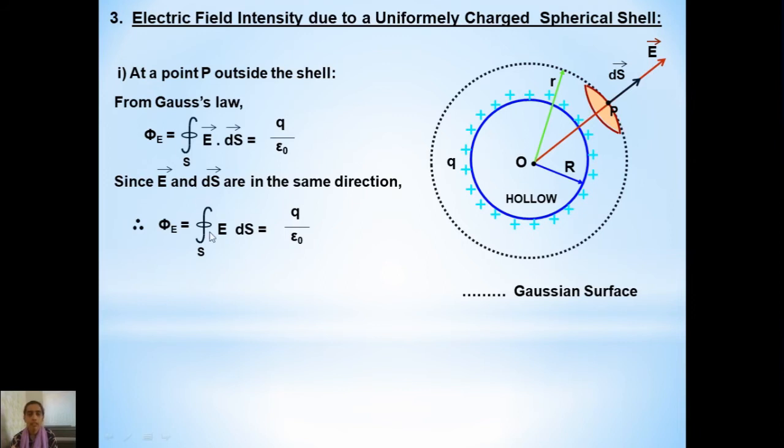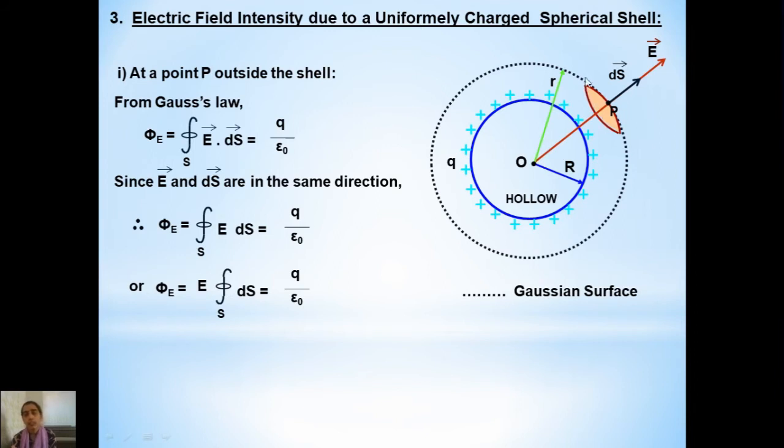Therefore, we can write it as surface integral of E ds. This will be equal to Q over epsilon naught on the right hand side. Since the electric field remains the same, we will remove it out of the integral and integrate only the surface term.